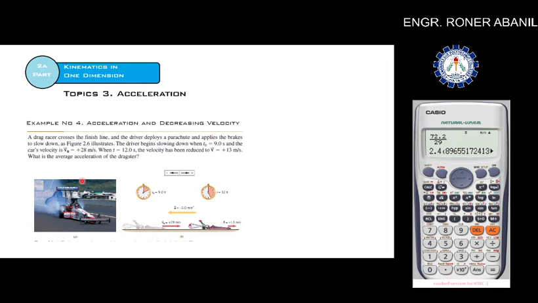So, the driver begins slowing down when the initial time is 9.9 seconds, and the car velocity is positive 28 meters per second. So, nung yung time niya is maging 12 seconds na lang, yung velocity niya is nag-reduce ng 13 meters per second. What is the average acceleration of the dragster?